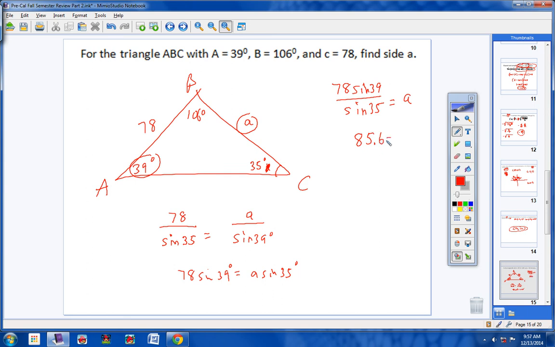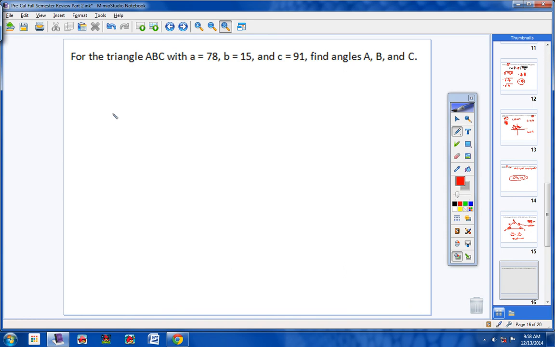So we did it. Moving on, we just found the length of A. Alright? Okay, now let's go ahead and draw a picture and see what we got here. And maybe I can do this problem here without messing it up. Let's see. Probably not, but I'll try. Alright, A, B, C. So side A is 78, side B is 15, side C is 91. And they want us to find all the angles, okay?